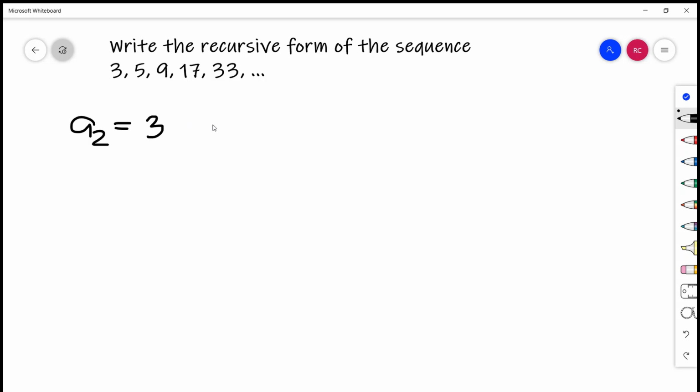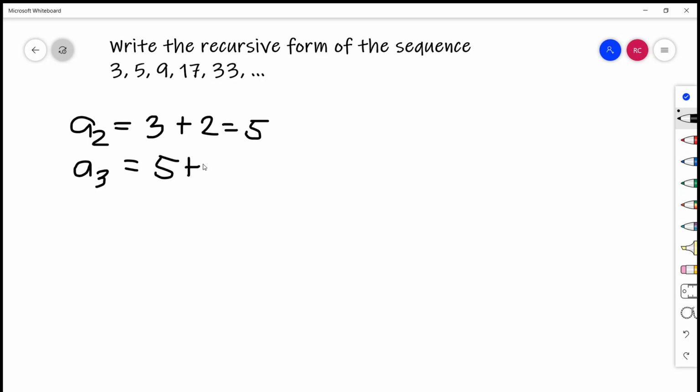So ano yung gagawin natin to get 5? So mag-a-add tayo ng 2. So this is 5. Next, third term, 5.